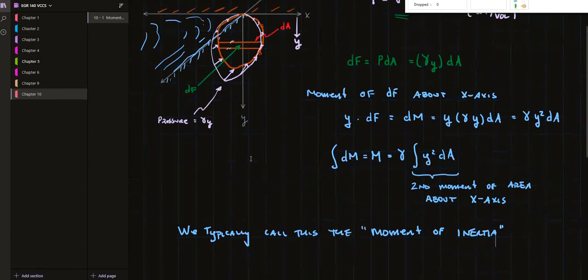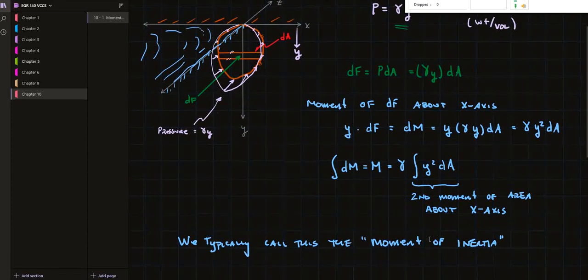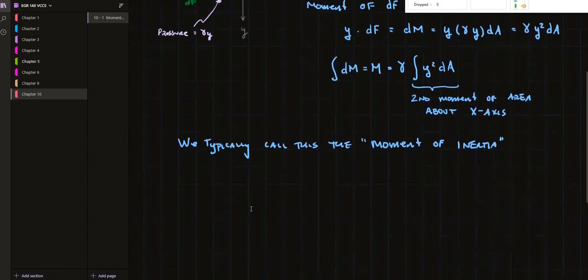That's not really an overly accurate name for this, because normally inertia is associated with a mass. So if you're doing these calculations for mass, moment of inertia is more appropriate, but everybody still calls this geometric integral moment of inertia.